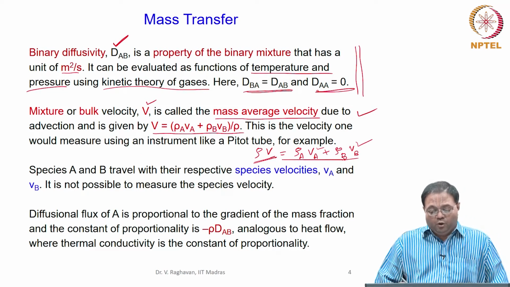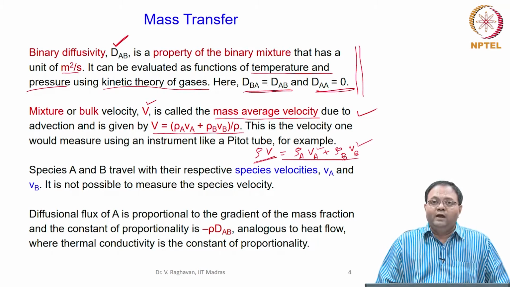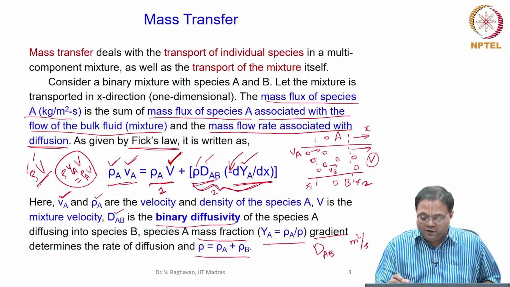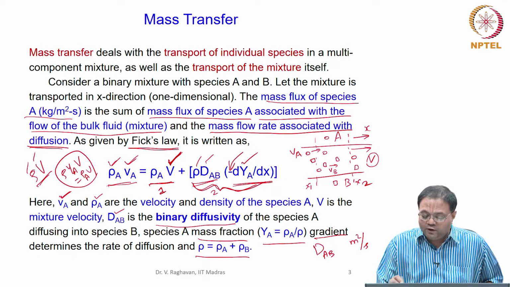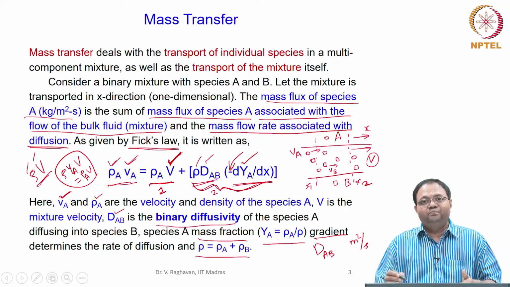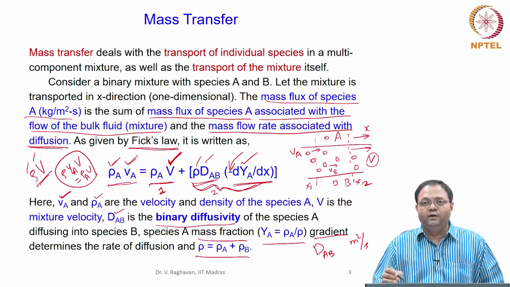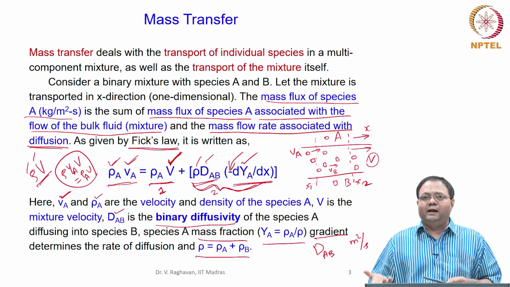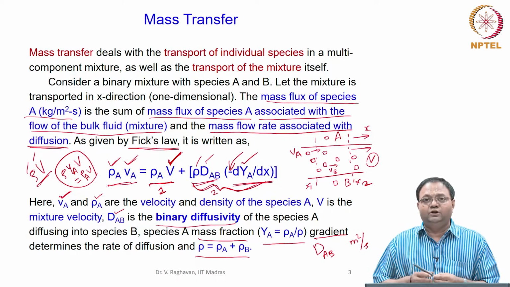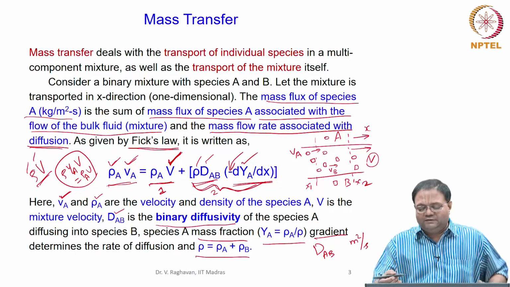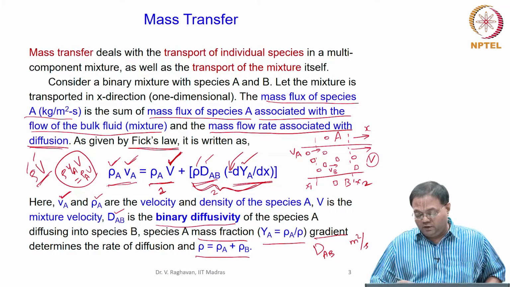Now, as I told you, if you go to the previous slide, you can see that each species is moving with its own velocity, Va and Vb. So, A moves with the velocity Va and B moves with the velocity Vb. It may be in multiple directions also, not necessarily one direction, so that may be a vector, but we can extend this from one dimension to multi-dimensional later.